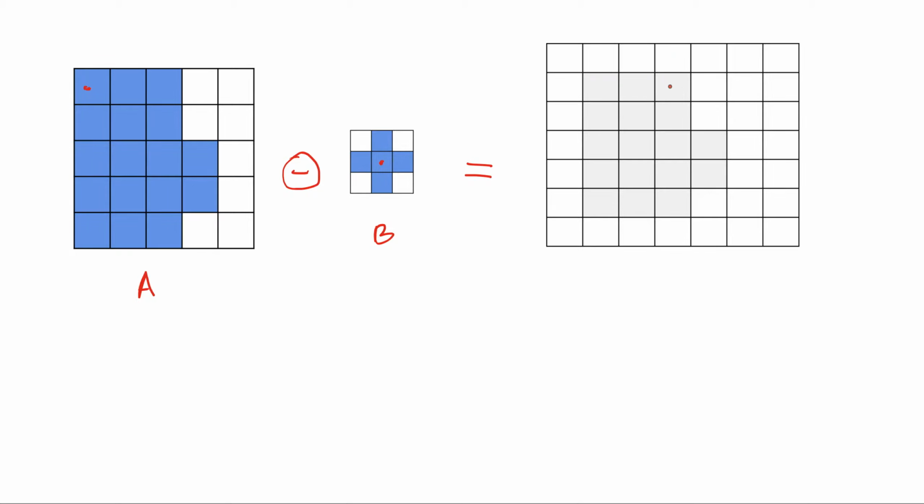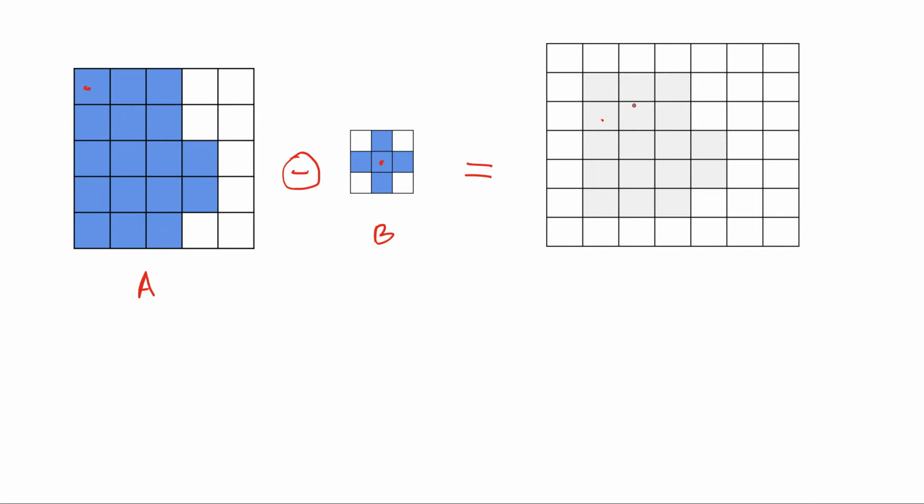And even if you move to this point, there will be no complete overlap. This point no overlap, this point no overlap. Come to this point, and if you place the structuring element over here, then also you cannot see a complete overlap. So you cannot take this point also into my final result.